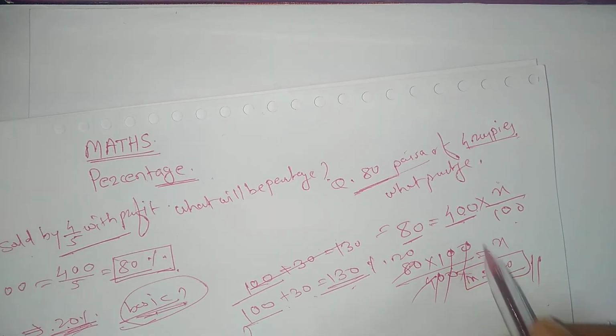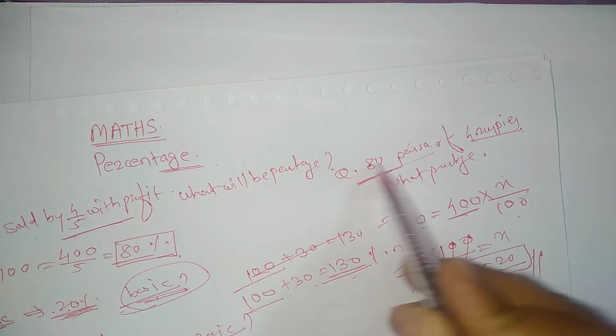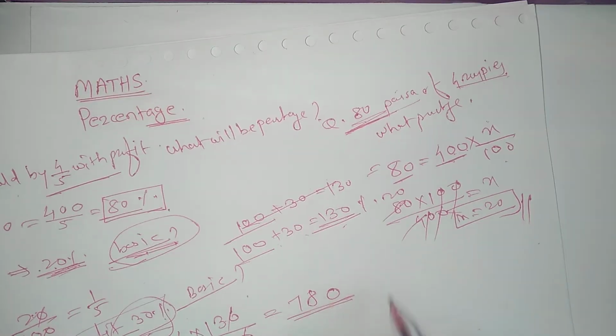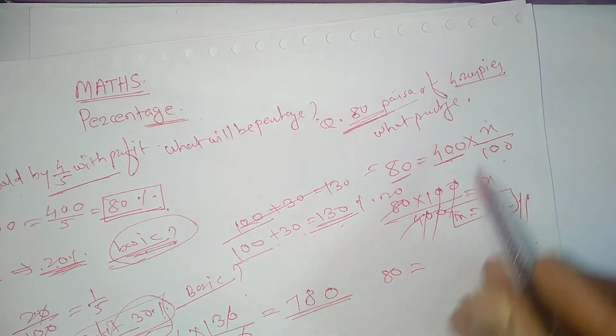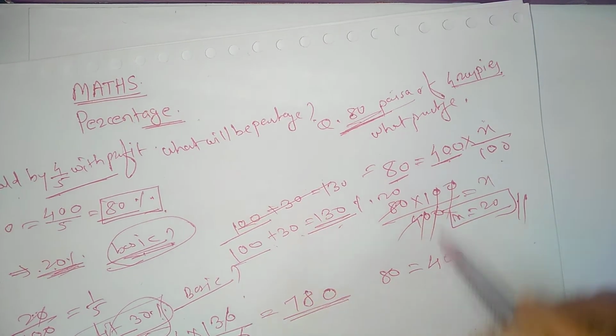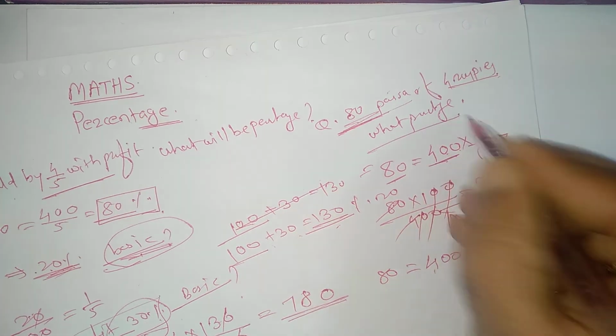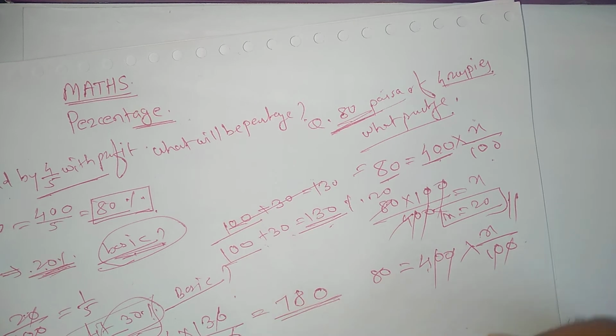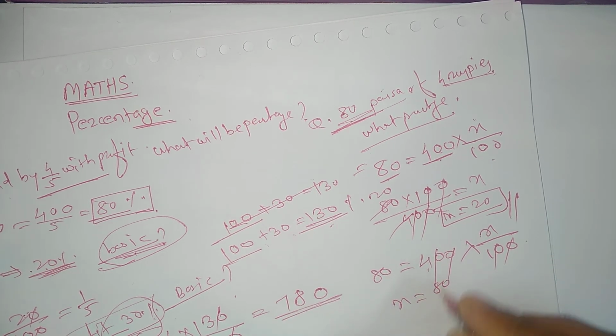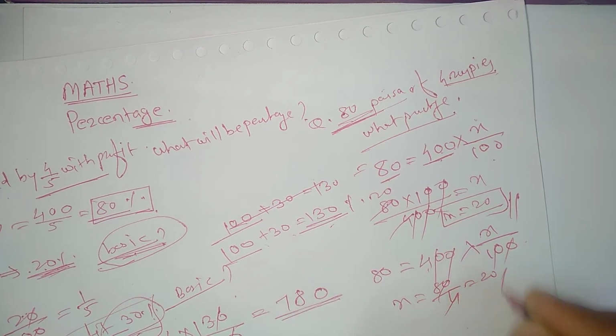In this type of question, this is the part which we have to equate. This is the part 80 we have to equate with the given amount, 4 rupees means 400 paisa, into what percentage of this, which means x by 100. So x equals 80 by 4, so it's 20.